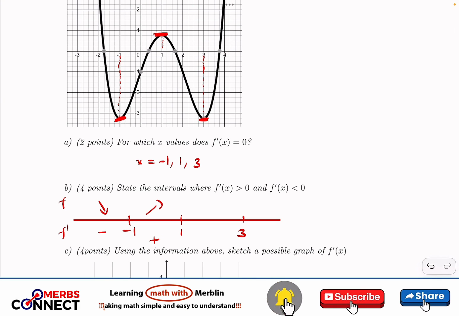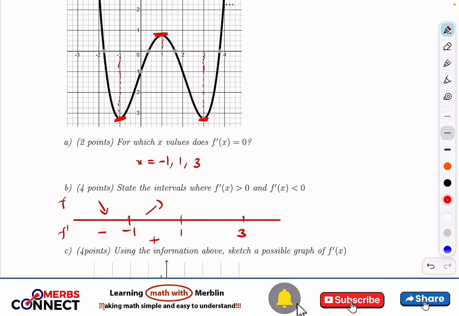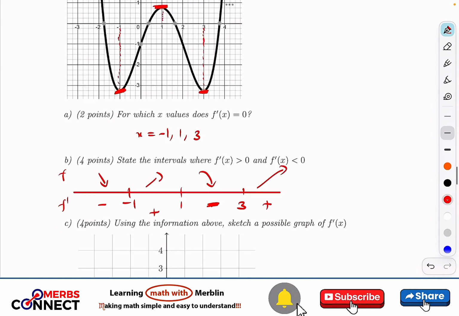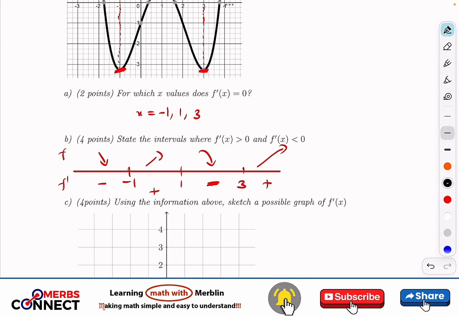Then we are going to also decrease here, and we are going to have minus here. And then we are going to increase from here, which is going up, and we are going to have positive here. So now what will be the interval for f prime of x to be greater than 0?